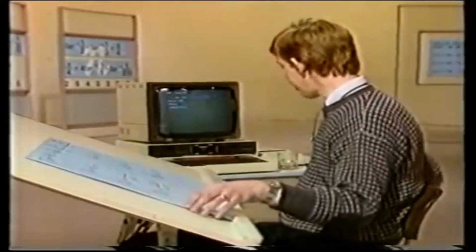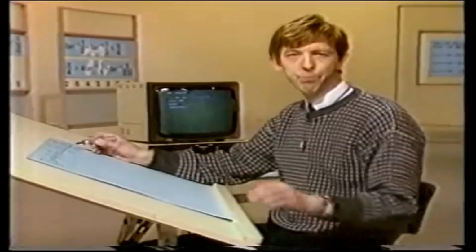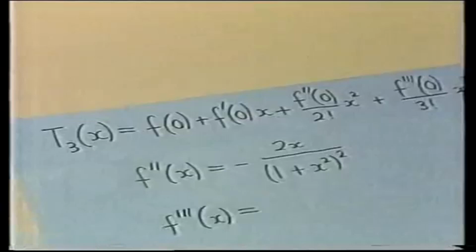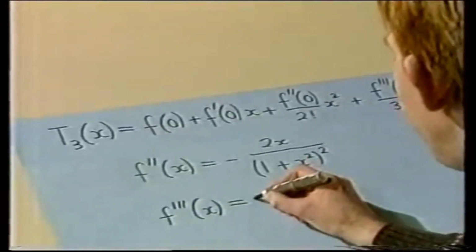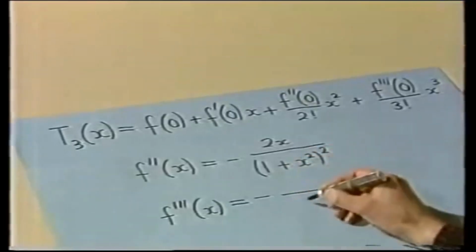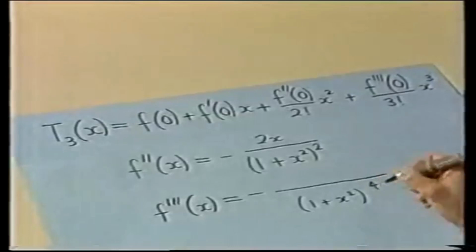Well now, to find t3 of x, we're going to need to differentiate again. Well, f double dashed of x is a quotient, so we need to use the quotient rule. First, there's a minus sign, and then in the denominator, we get (1 plus x squared) all to the 4th.